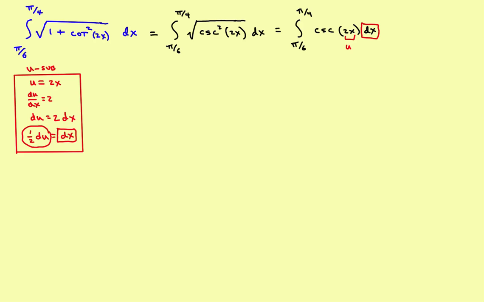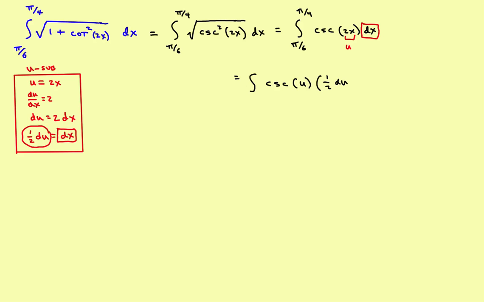Now what that does, that turns it into this. That'll turn it into the integral. We'll put it right here. The integral, and this will become the cosecant of u. And in place of dx, we'll put what dx is equal to, which would be 1/2 du. So this is going to be a 1/2 du.